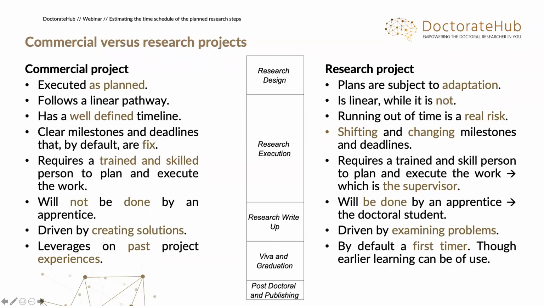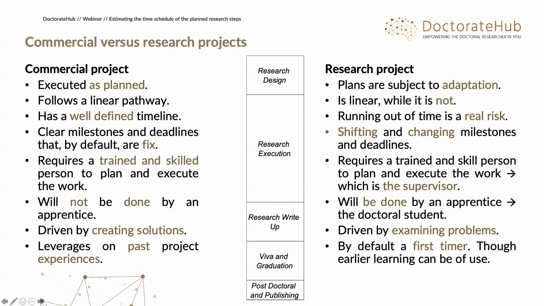A commercial project requires a trained and skilled person to plan and execute the work. It's actually a no-brainer, right? No one would sit a rookie down to do something they were not trained on and are not skilled at. Now, the same goes for a research project, with the difference that it's not the one who is doing the project but the supervisor. So please be aware of your skills in project management in general, and in particular in running research projects.